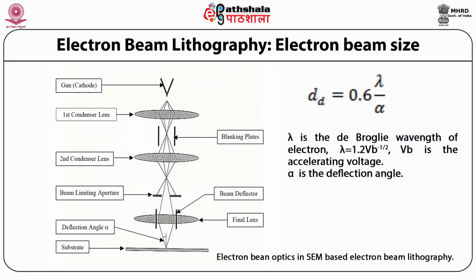Students, this figure shows the schematic presentation of electron beam optics in the SEM based electron beam lithography. Electron beam deflection is achieved by the application of electrostatic or electromagnetic fields to move the beam in the desired direction to create a certain feature.